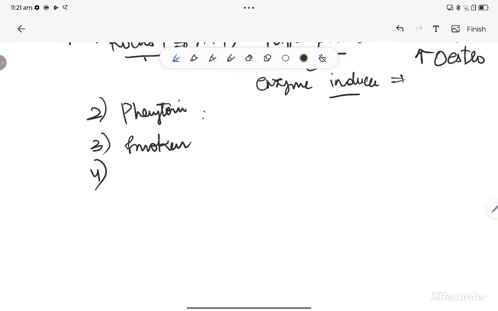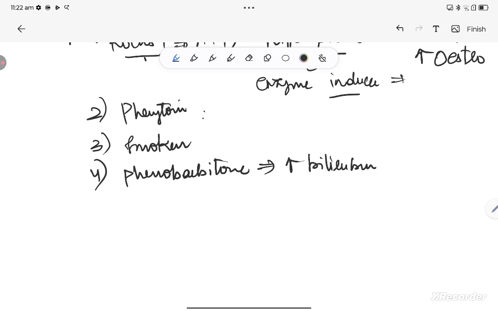When used for prolonged periods, about 1 to 2 weeks, it increases the metabolism of bilirubin, because of which, if the newborn had neonatal jaundice, kernicterus will be reduced. Clear? Now we will talk about enzyme inhibition.